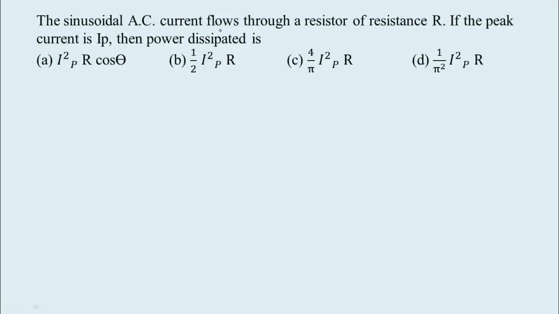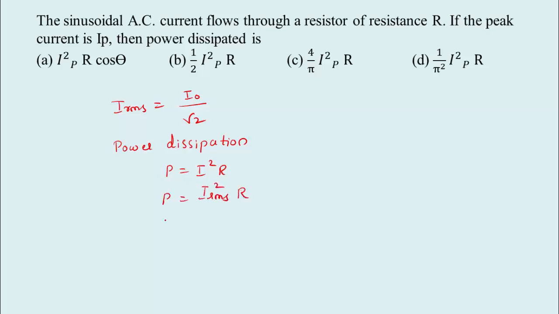A sinusoidal AC current flows through a resistor of resistance R. If the peak current is I_P, then the power dissipated is... We know the value of RMS current. We know that I_RMS equal to I naught divided by root 2. This equation we studied. Power dissipation is P equal to I square R, which we can write as I_RMS square R. This is the effective value of current.